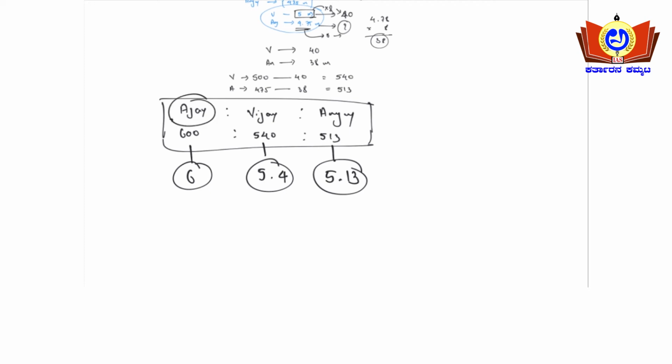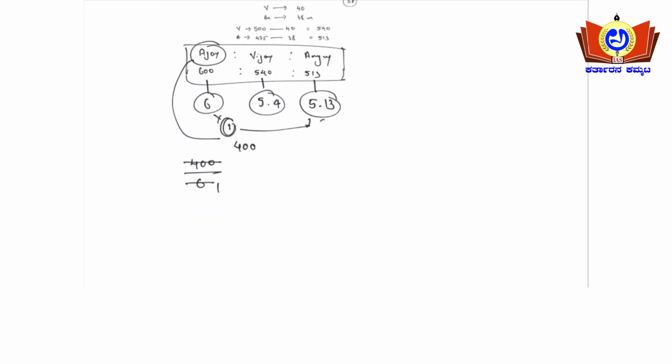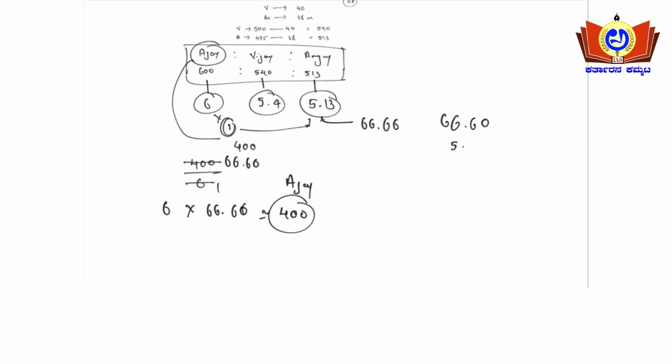So for Ajay, 6 into how much will be 400? 400 divided by 6 will be 66.66. When I multiply 6 into 66.66, I get around 400, right? So when Ajay is traveling 400 meters, I also need to multiply Anjay's distance by 66.66, that is 66.66 into 5.13.